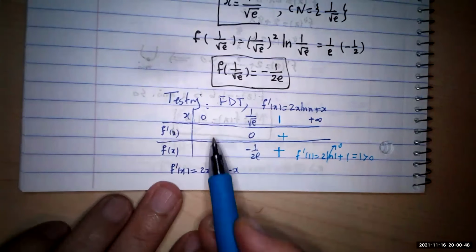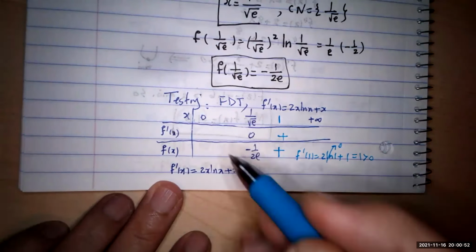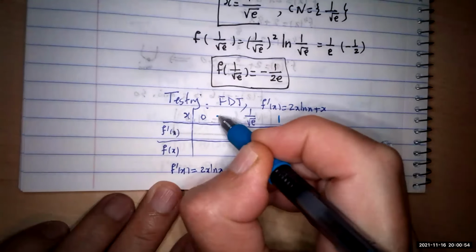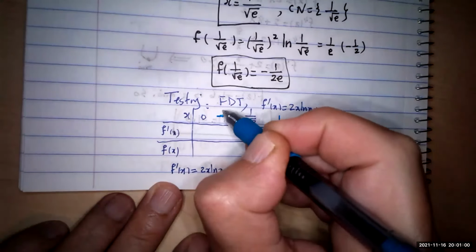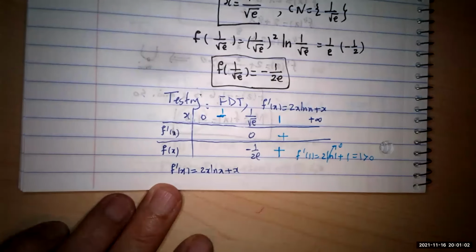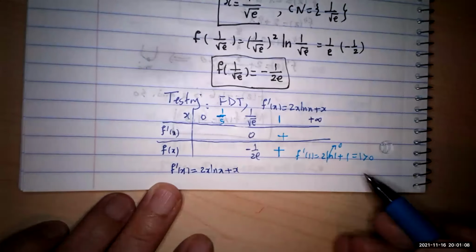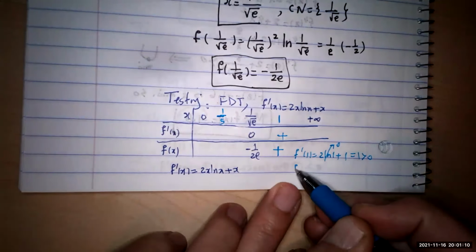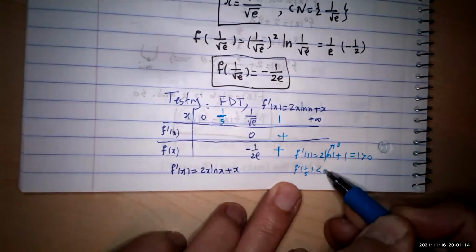Then you can pick some numbers here. It's 1 over radical E, which is about 0.6, since E is 2.7. You must pick something fractional. If you pick something like 1/5 and put it in your calculator, probably you will get a negative number here.